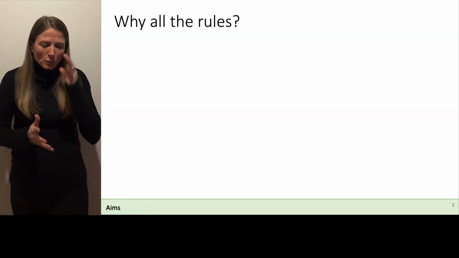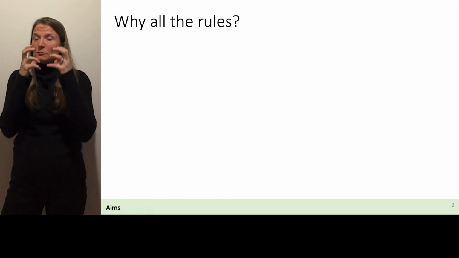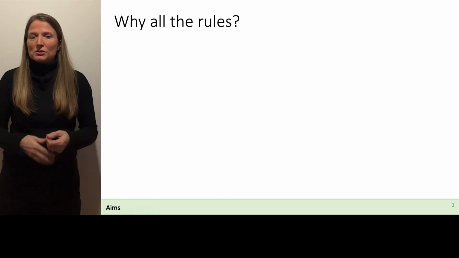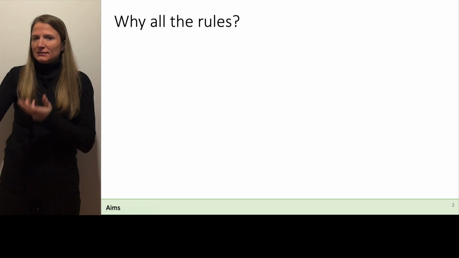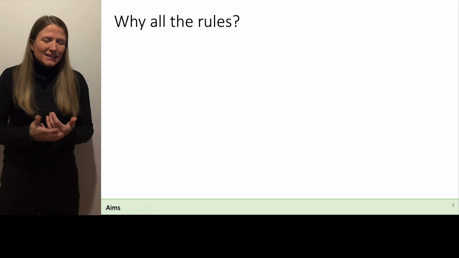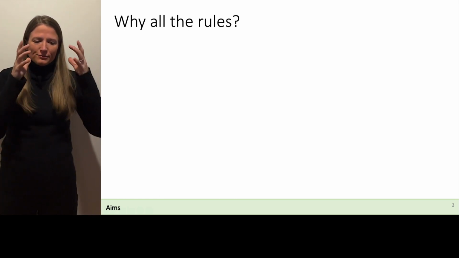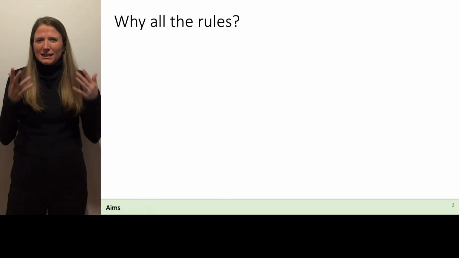So first, why all the rules? Well, I found it really, really hard when I had really no instruction. I basically had examples from others: just write your thesis similar to that. And that's a lot of how it's done, but there are a lot of rules that are implicit.